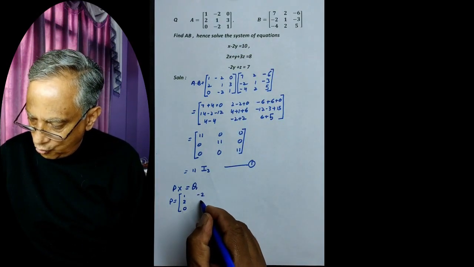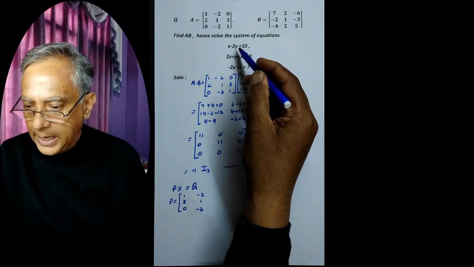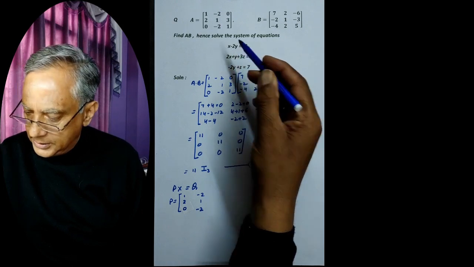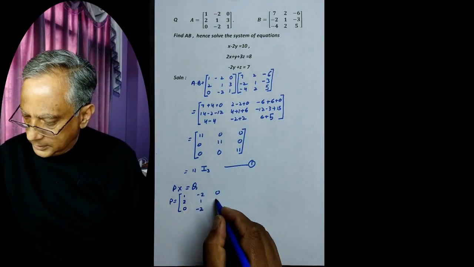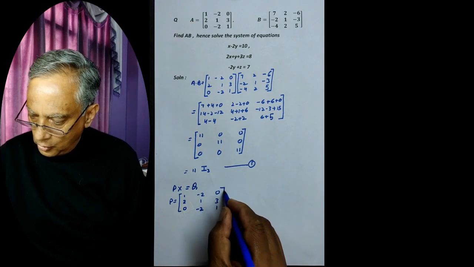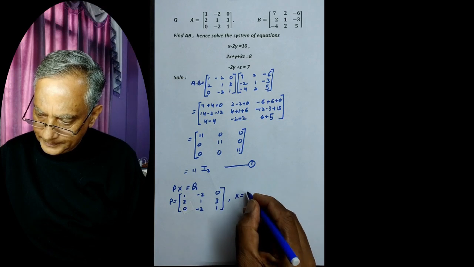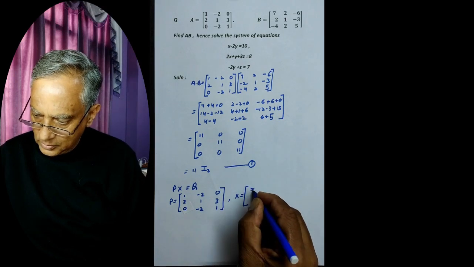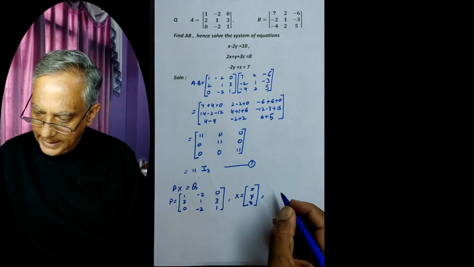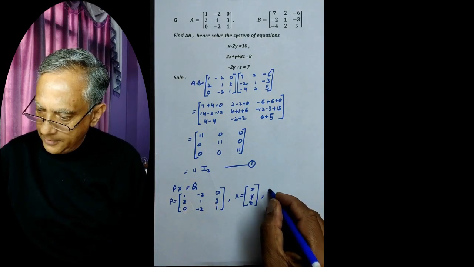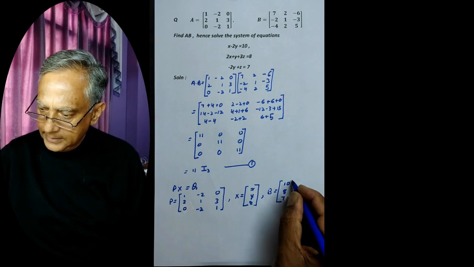And coefficients of z: here it is 0, here it is 3 and 1. So P is this much. And X is X, Y, Z. And constant matrix Q is 10, 8 and 7.